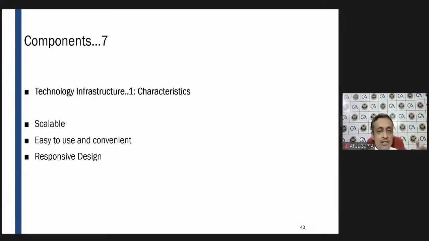Now, technology infrastructure characteristics. E-commerce is scalable. Scalable means you can enhance the technology as per the need, ease of use and convenience of the technology. The responsive design. Responsive design means the technology has to be so easy to update, upgrade, modify that based on the need, you can do it very fast.